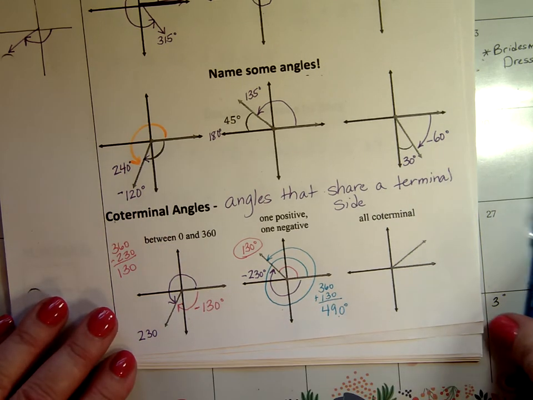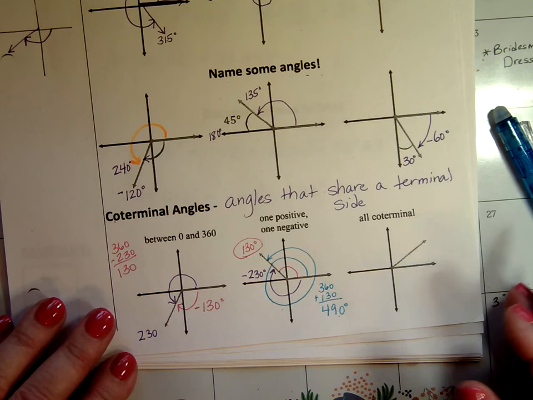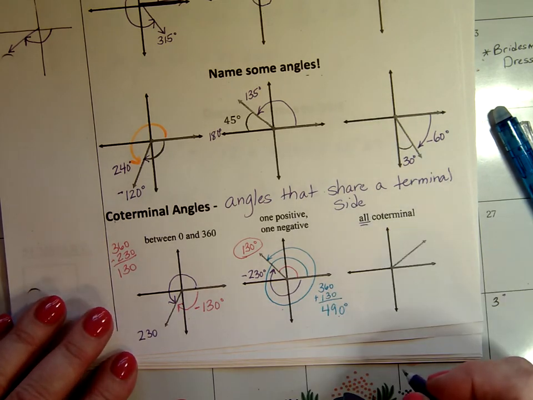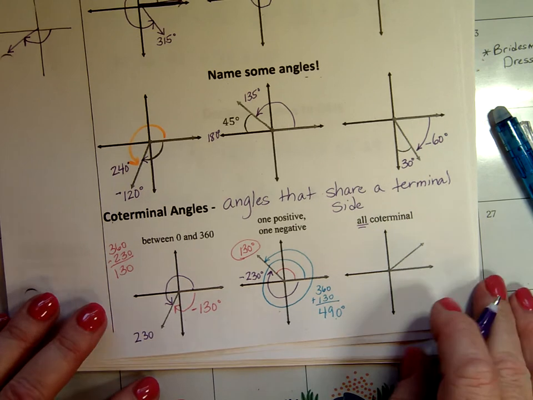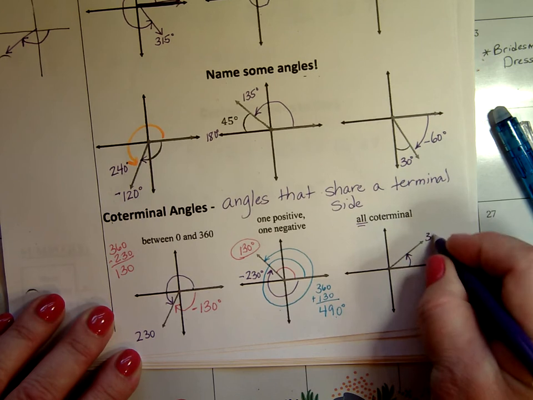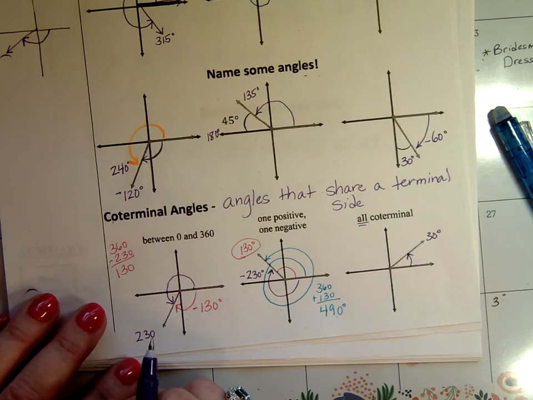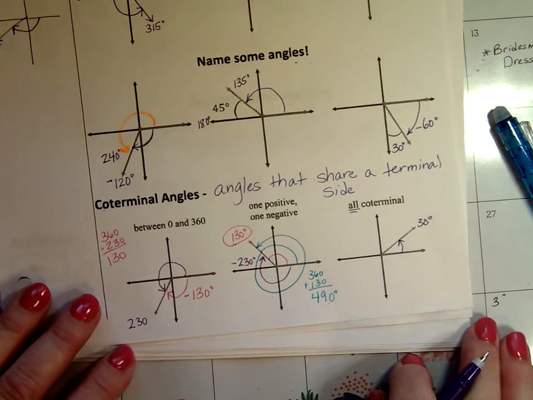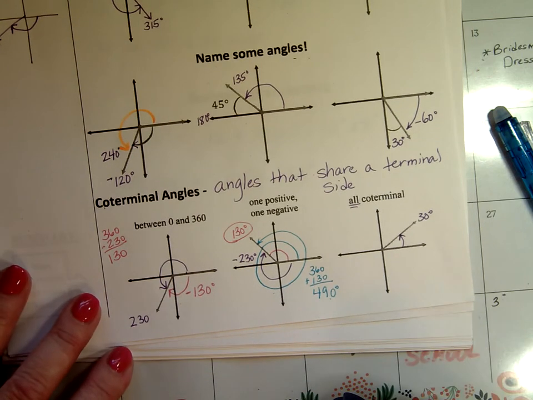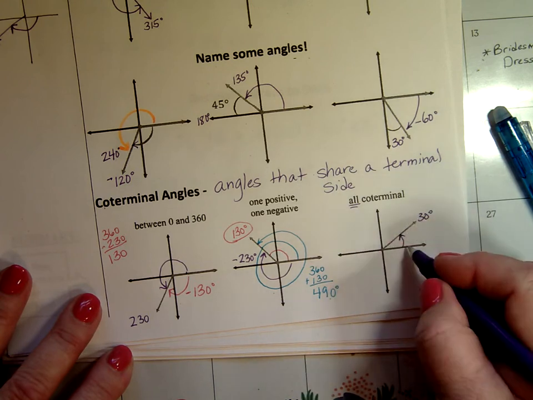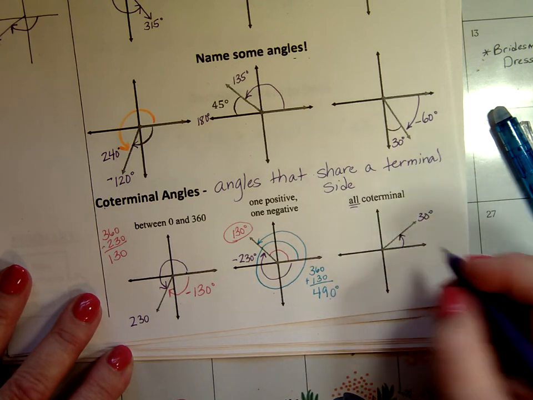Then they want all coterminal angles. Now we're not going to do a lot of this. I'm just going to show you what they're talking about. If I look at this angle here, it's going to be 30 degrees. All right, so if I want all of the coterminal angles with this 30-degree angle, let me tell you the answer first, and then I'll go back and explain it.